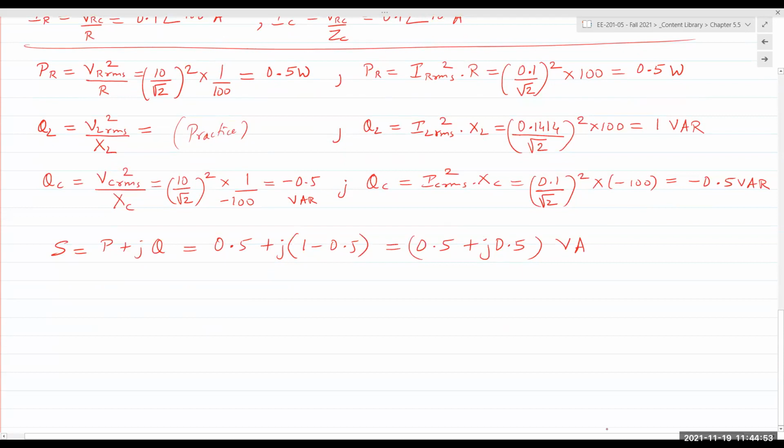And we can verify our answer because we still have one more component left, which is the source. The source complex power, let's call it notation S. So total complex power S, with a subscript of S for the source.